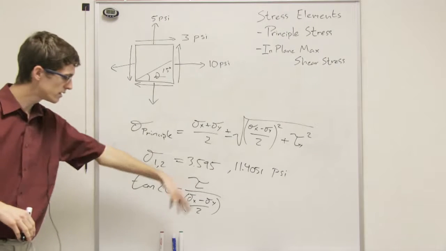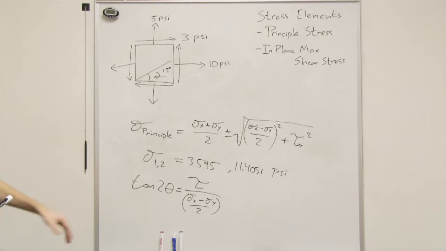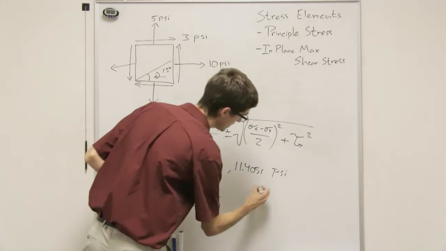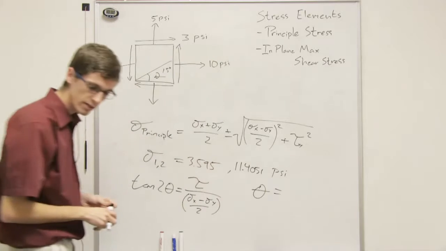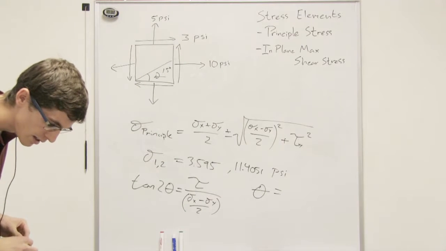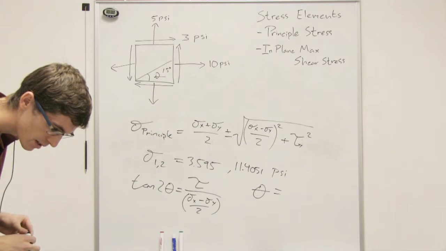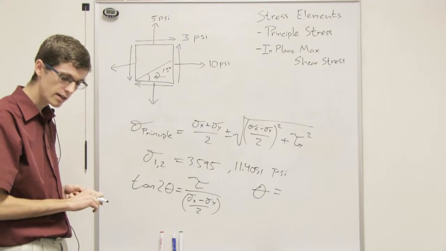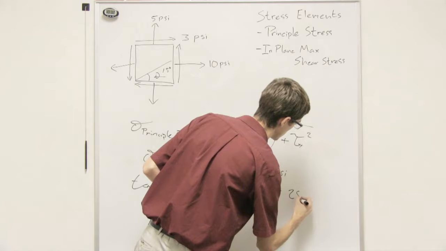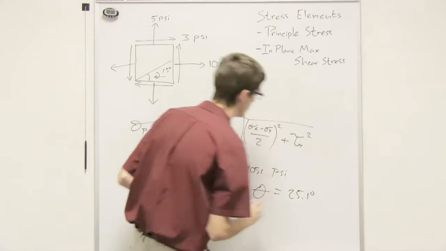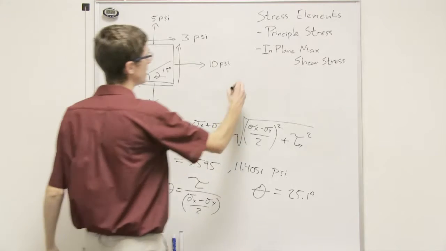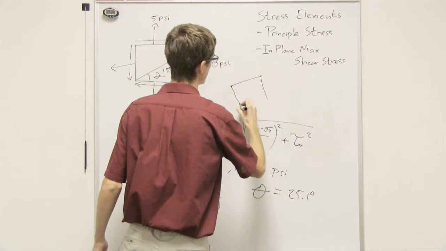So you take the arctangent of all that divided by 2, and we find that these principal stresses are oriented along the angle, 25.1 it looks like, degrees. So we have to rotate this element 25.1 degrees, and it would look like this.